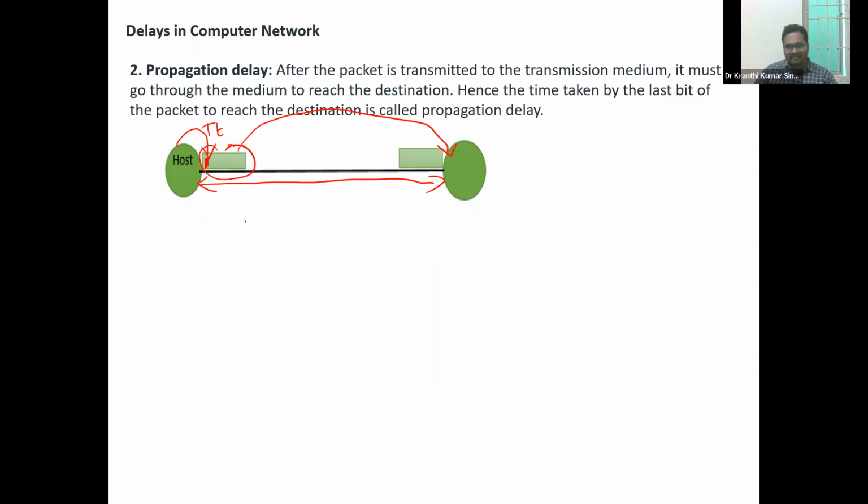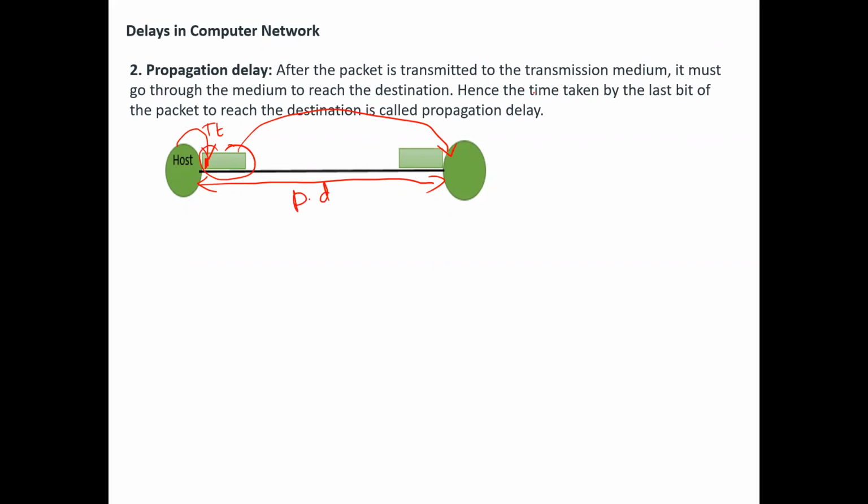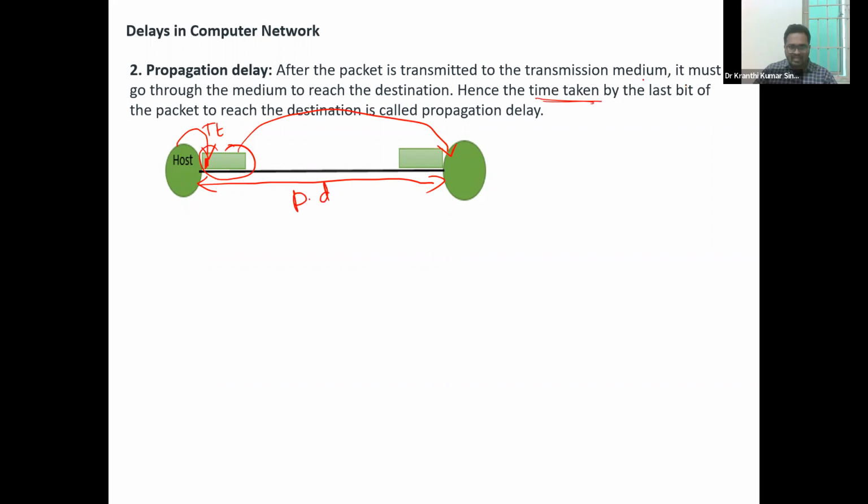Do you understand this? The packet is transmitted to the transmission medium. It must go through the medium to reach the destination. Hence, the time taken by the last bit of the packet to reach the destination is called propagation delay.